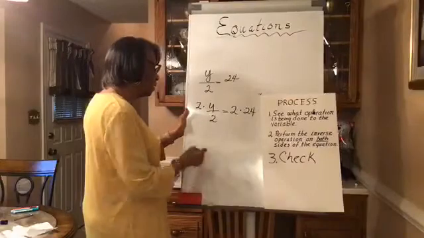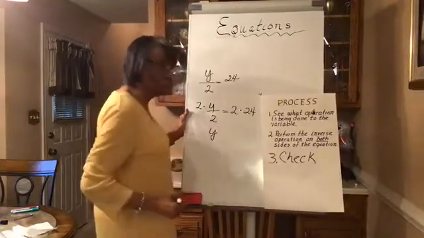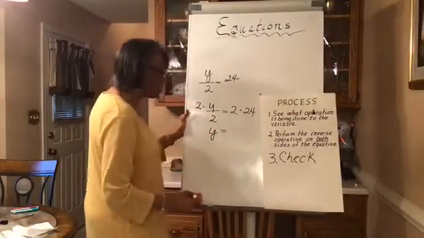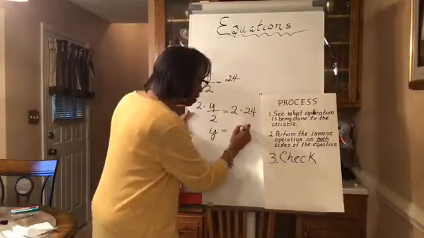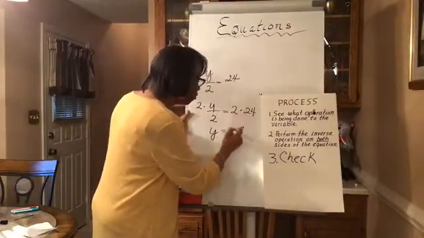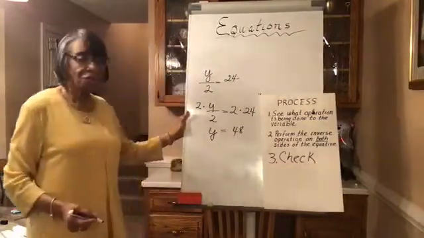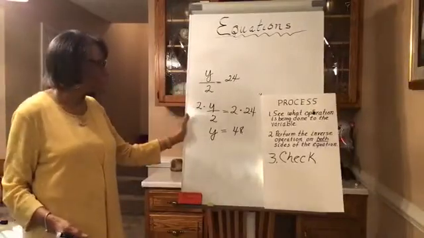All right? So on this side, we're going to get y because we did the inverse operations. We don't have to worry with the numbers if we know the inverse operations. 2 times 24. 2 times 4 is 8. 2 times 2 is 4. So y equals 48 to make this equation true.